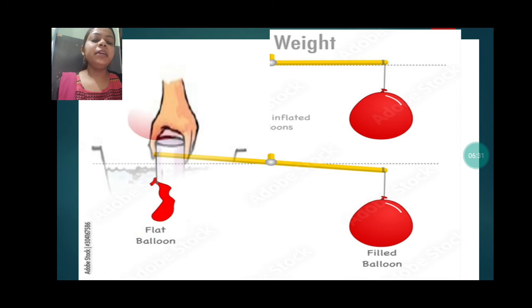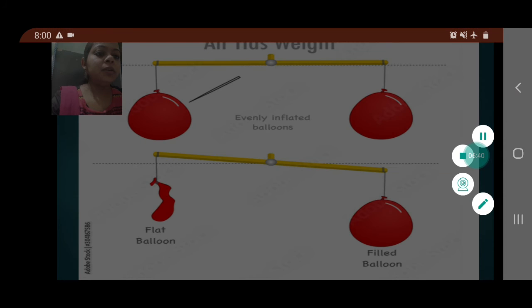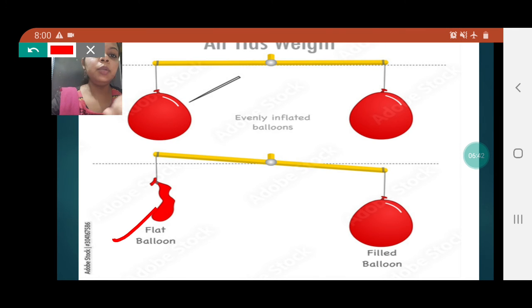Next activity, we are going to prove that air also has mass. This is very easy. You can understand by the picture only. In this picture, you are seeing the balloon is flat and this side is up. When the balloon is filled with air, it will come down. And if we fill air in both of the balloons, it will be balanced.